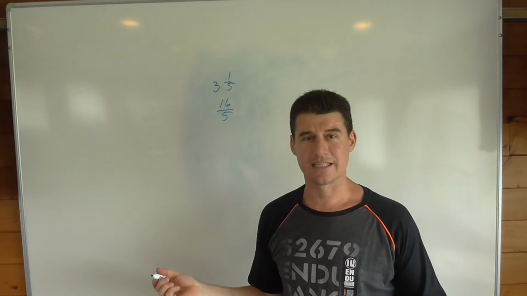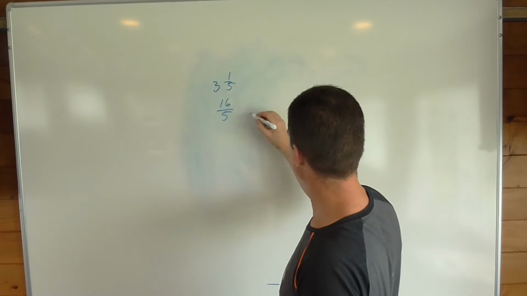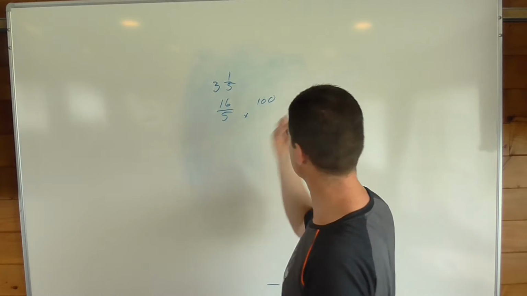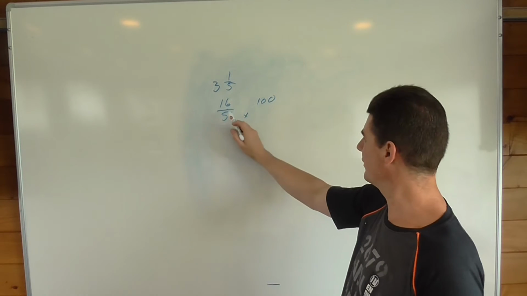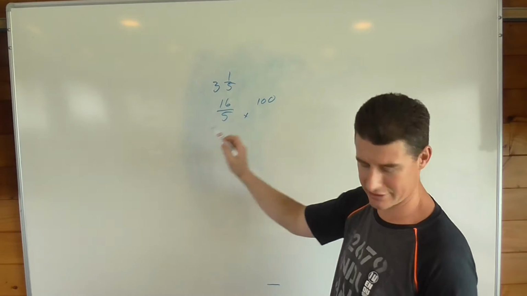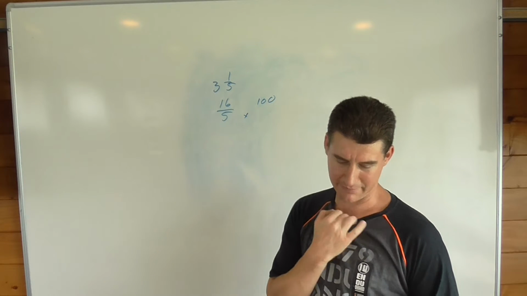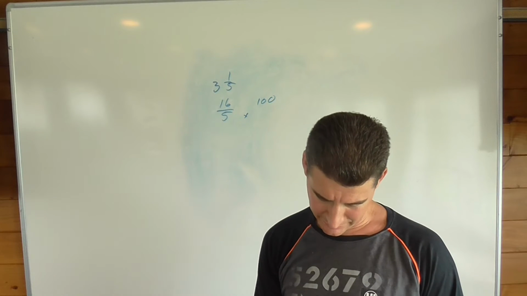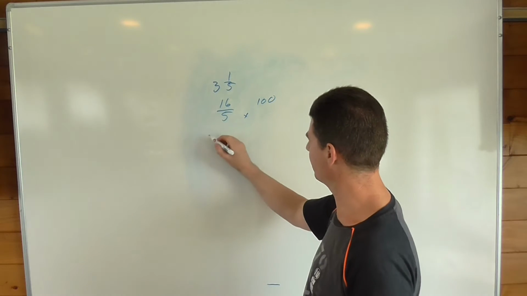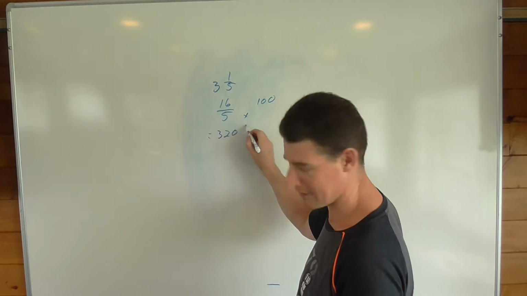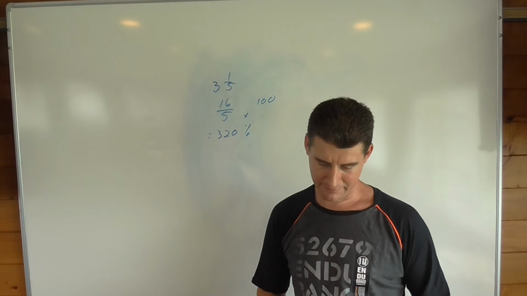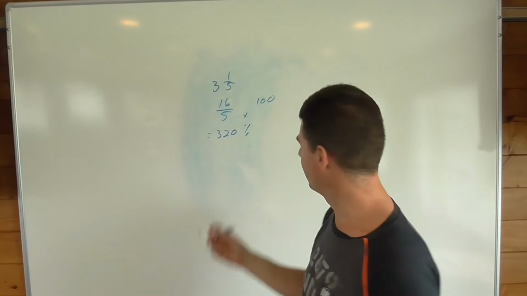And then you do it exactly the same way. You just multiply it by 100. So it's 16 times 100 divided by 5, and that will give you 320%.